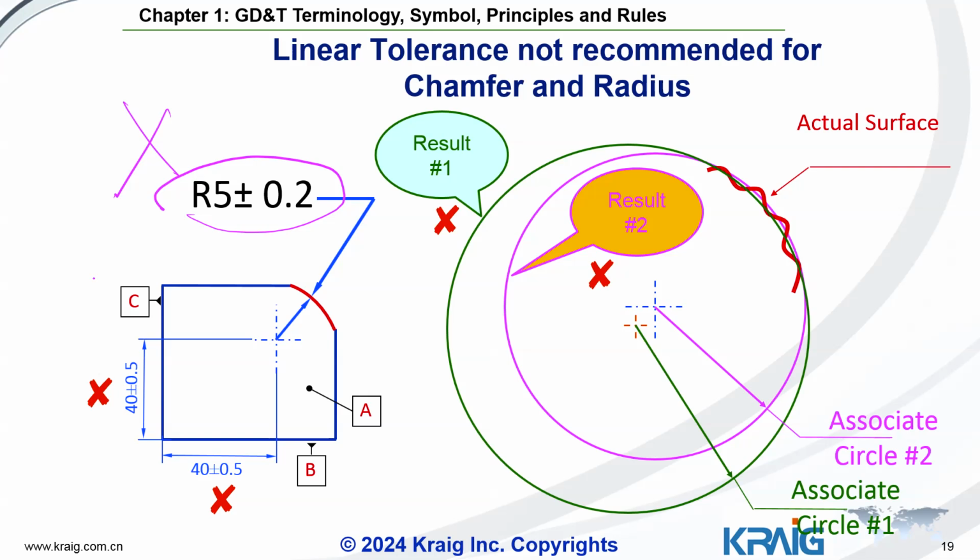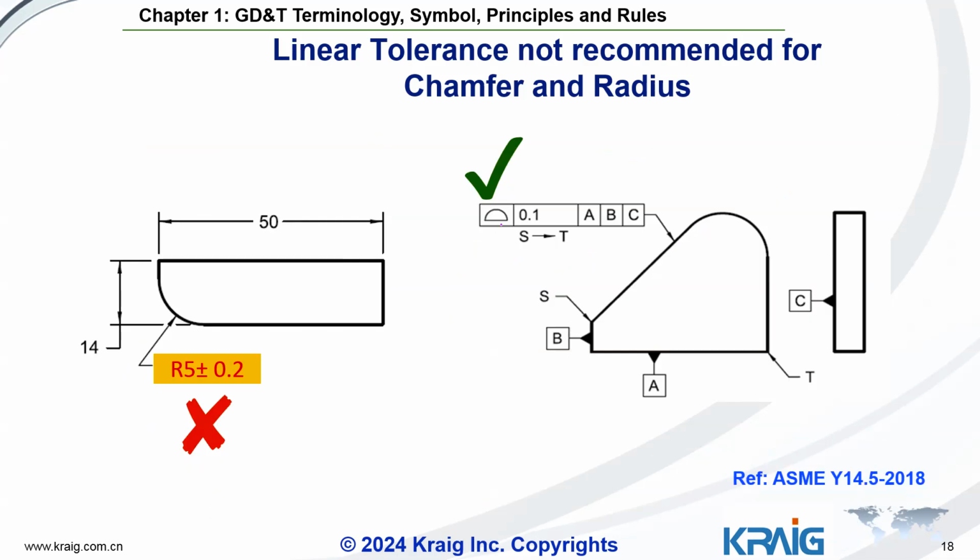Okay, and then how can we do that? You're going to use the profile. Once you use the profile, the measurement will be like this. You just touch points, and then you use these points to compare with the CAD model. You do not need to find a big circle. No, you do not need to. You just touch these points, you get the actual surface, and next you compare with the CAD model.